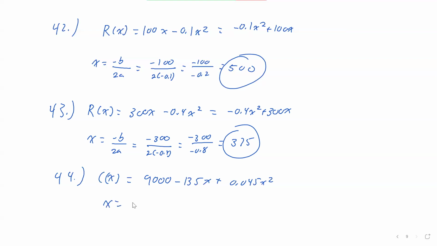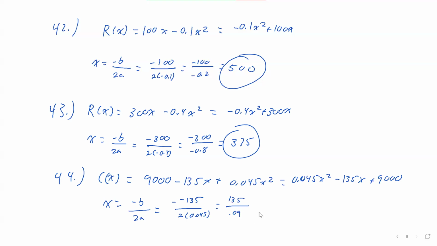So I'm going to start with the X. So that's going to be negative B divided by 2A. Again, it helps to write this in the correct order. So I get negative 135 divided by 2 times 0.045. That gives me positive 135 over, for sure that's just 0.09.